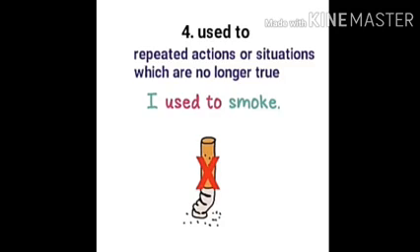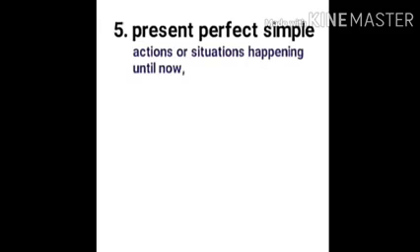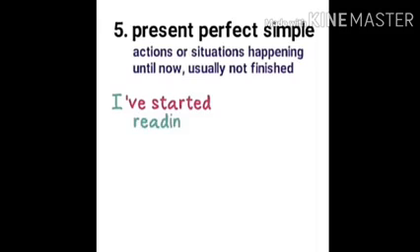It's in the past. Let's now look at the present perfect simple. The present perfect is used for actions or situations happening until now, usually not finished. For instance, I've started reading his latest book.